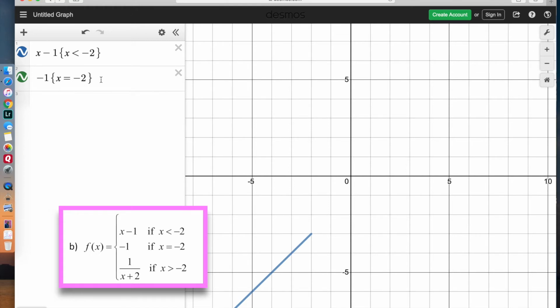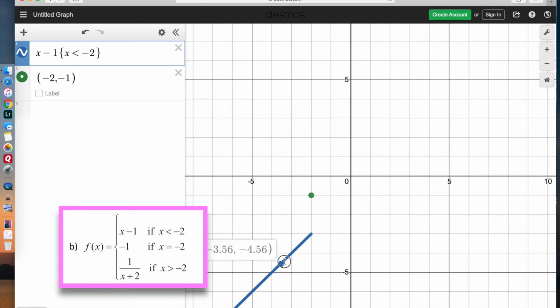Desmos isn't going to show you that point. But you can trick Desmos into showing you the point if you type it as an ordered pair. So the x value is negative 2, the y value is negative 1, and so you type with parentheses negative 2 comma negative 1, and it gives you a point there.